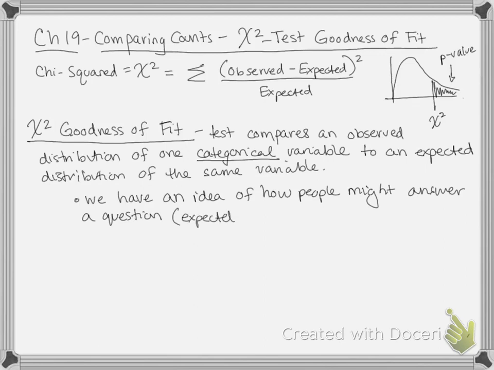That's our expected model. Okay, so we have an idea of how people might answer a question, which is how we expect it to happen. And we collect data to see if we were right.